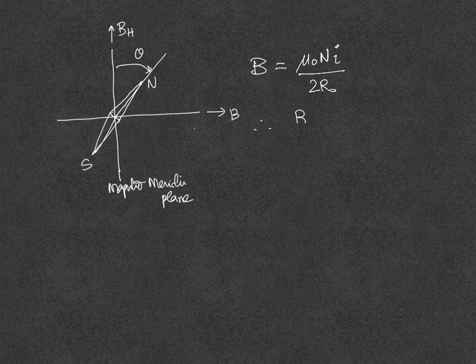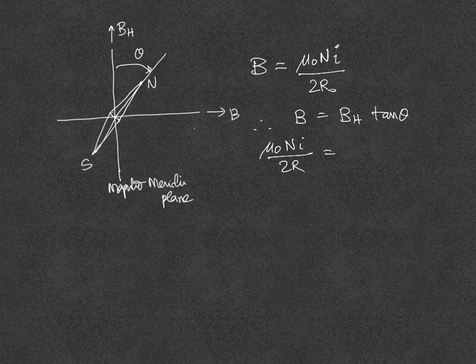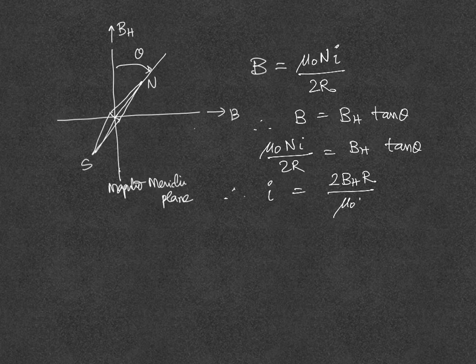So we know B is equal to BH tan theta. We can substitute for B: mu 0 N i by 2R is equal to BH times tan theta. Therefore i is equal to 2 BH R by mu 0 N times tan theta.